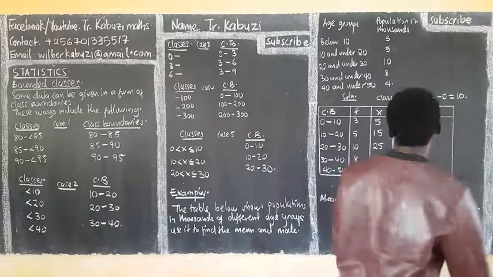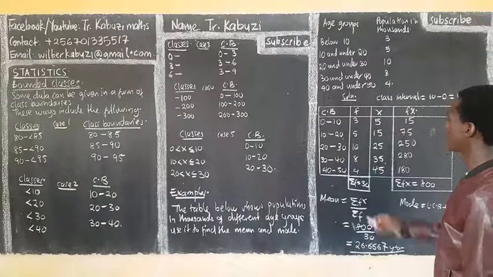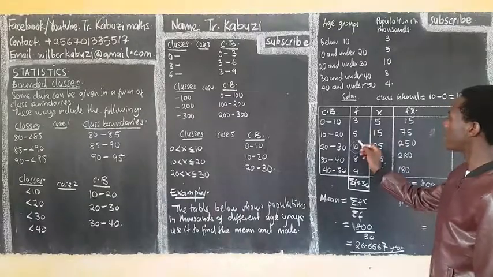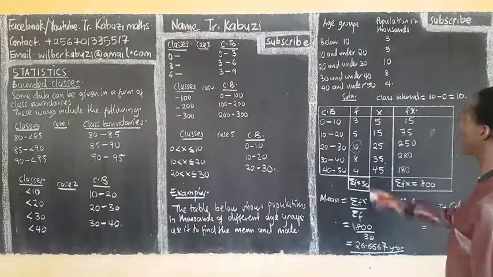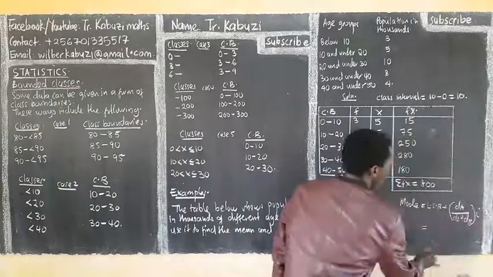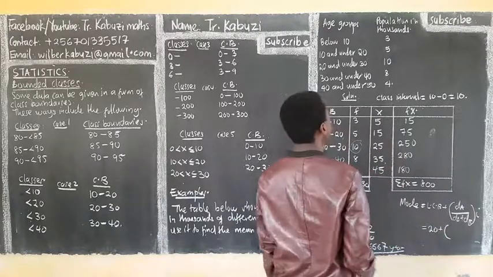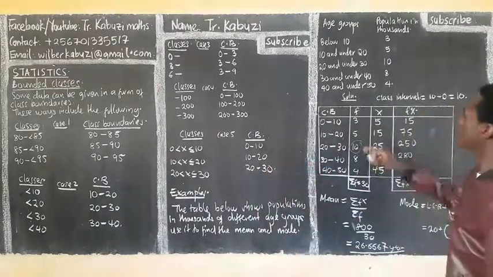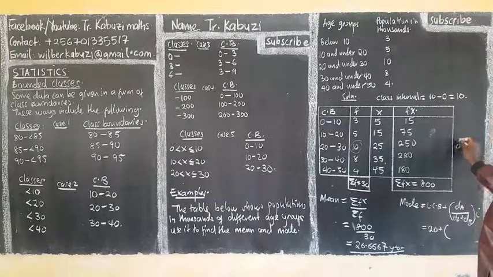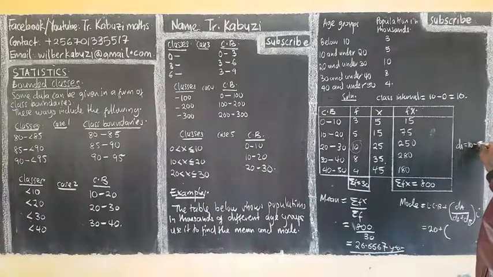Then here are our class boundaries. Let us find the modal class. The modal class is the one with the highest frequency. So this one is having our highest frequency. So this one becomes the modal class. Now the lower class boundary is this. So we have 20 plus D1 over D1 plus D2, then times the class interval. Here D1 is the frequency of that class minus that one above it, which is 5.